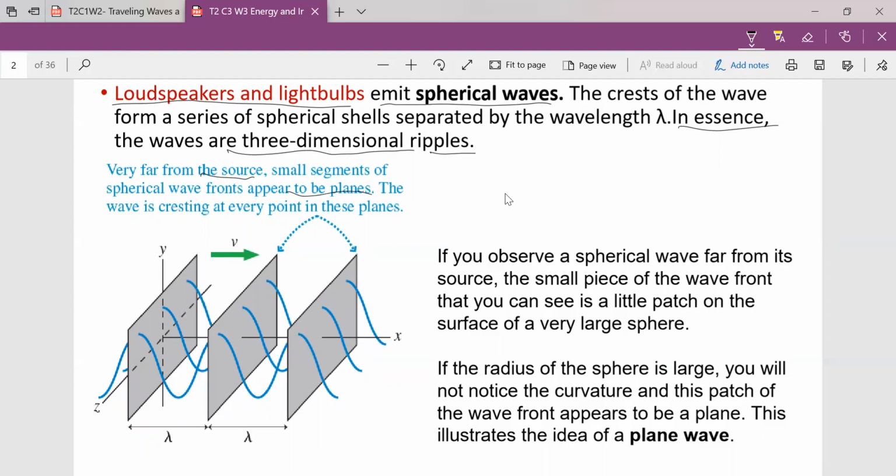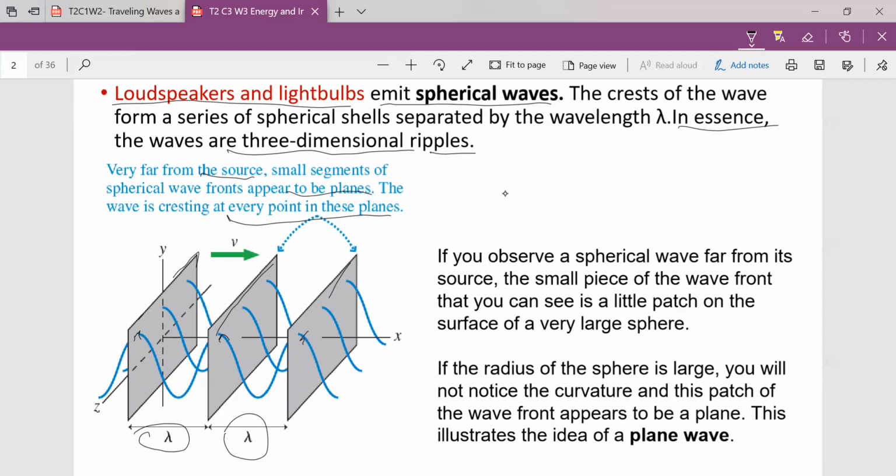So they appear as if they are straight, but it's going to appear like a plane. The wave is cresting at every point in the plane. Look at the wave. You see the crest, the top is cresting at every point that appears like a plane. And we also have the wavelength as the interval between these planes.